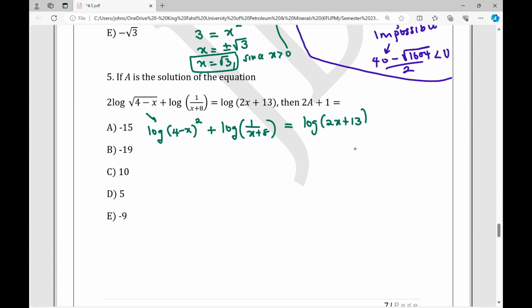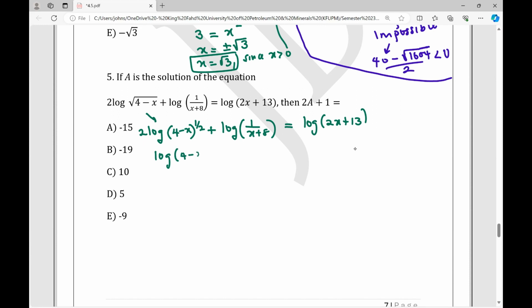Now, looking at this, something is missing here. This here used to be 2, right? There's a 2 here. And this 4, I can write it as half because of this root here. Then now you can take 2. If you take 2 up, the power will go.